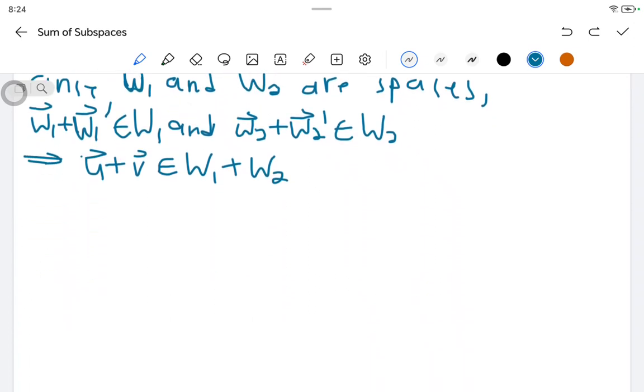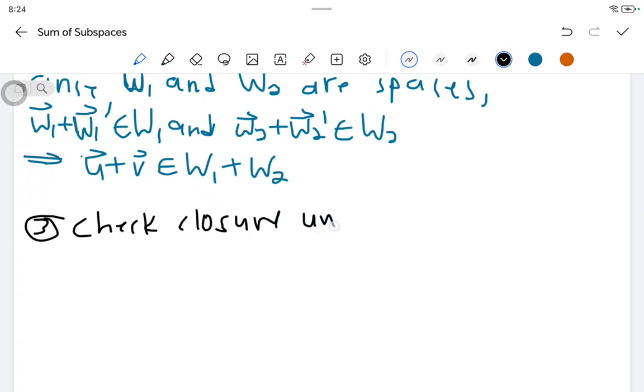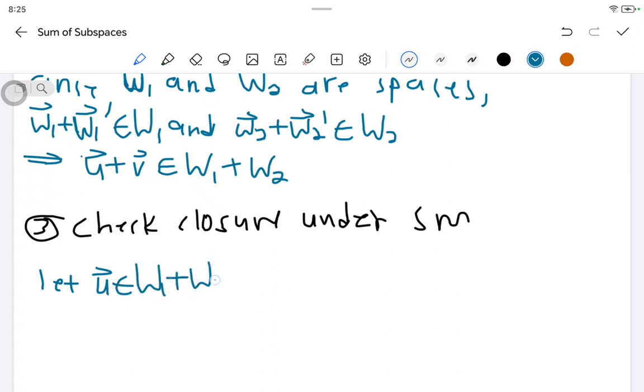Right. So now we need to check if scalar multiplication is satisfied, that is, closure under scalar multiplication. For this, we're going to need a vector u, which will be an element of W1 plus W2, and take c as any scalar.